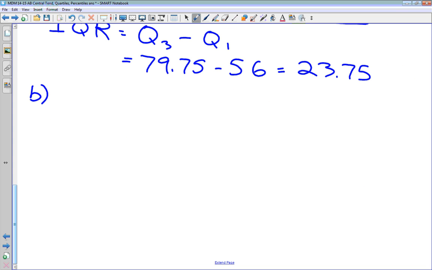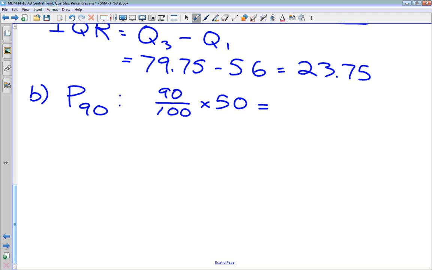So part B. We want to find P90, or the number that represents our 90th percentile. So if we want the 90th percentile, we want 90 out of 100 of our 50 numbers.